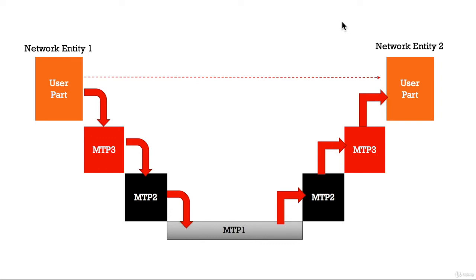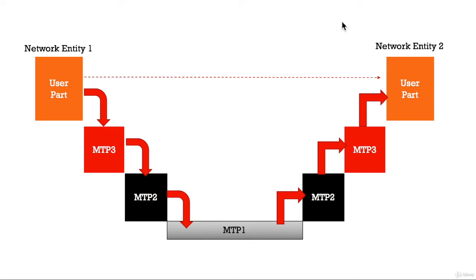Now, similar to the IP layer in the OSI model, where we have the IP address as the routing information, here the network entities are identified using point codes.